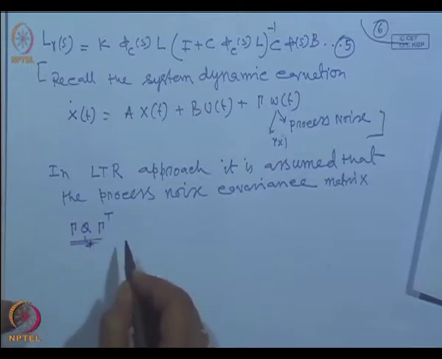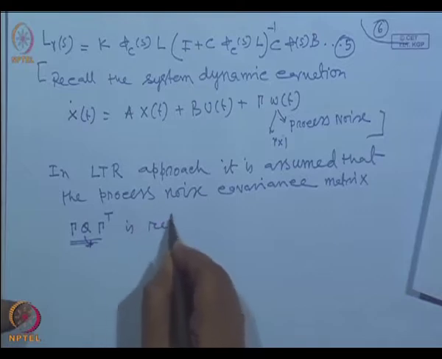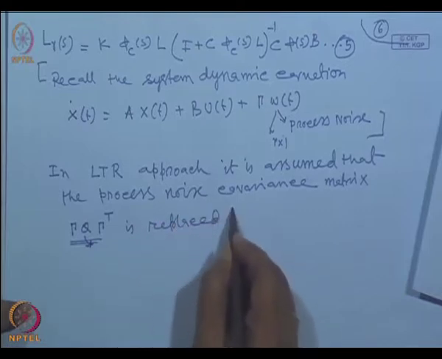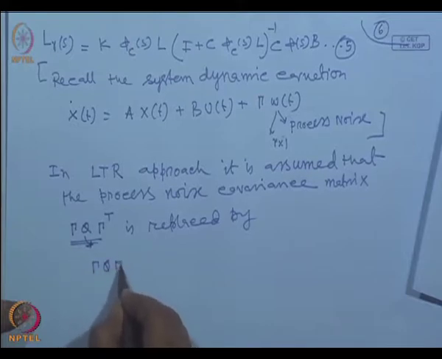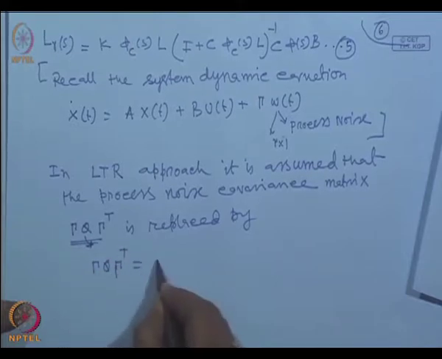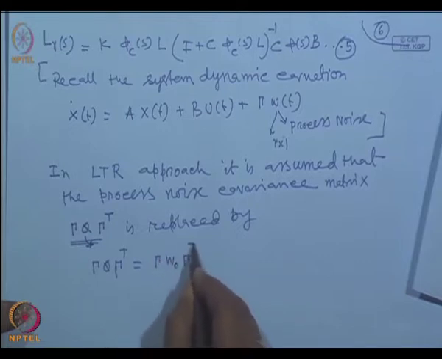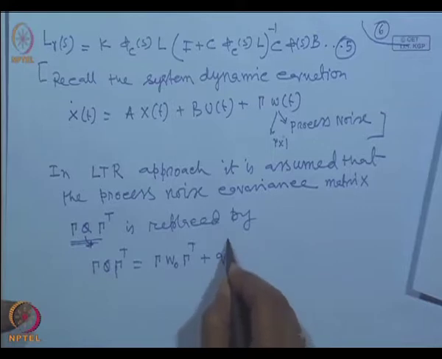So, this is now replaced by gamma W 0 gamma transpose plus small q B into B transpose.